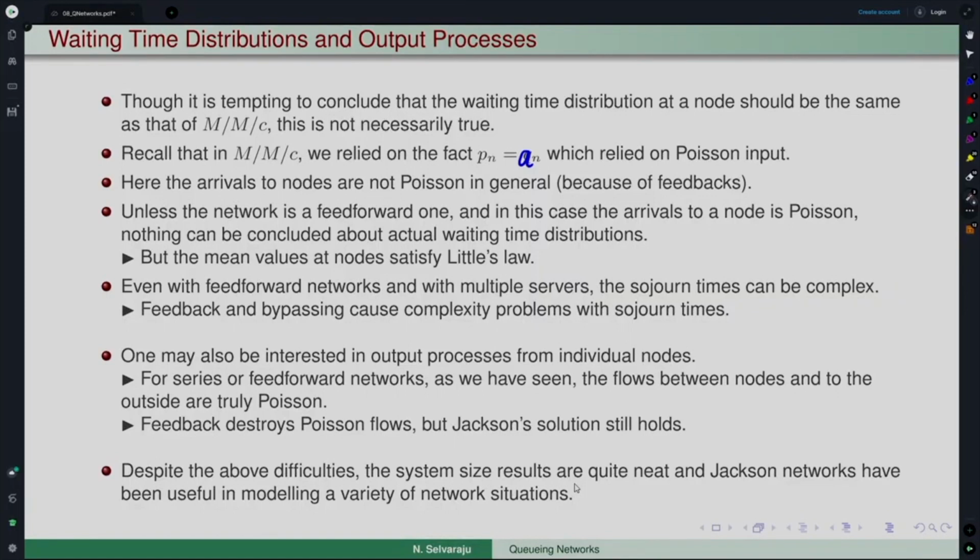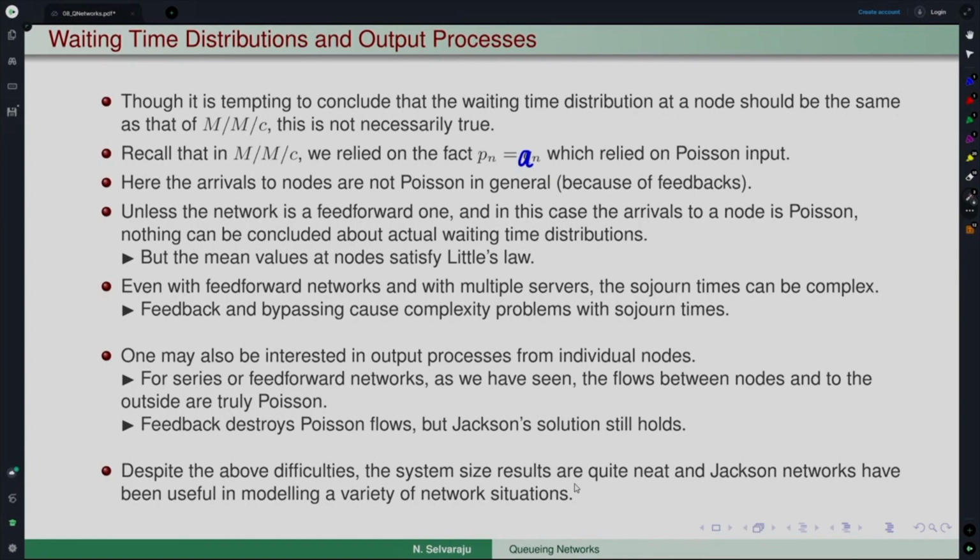Though you have a network, if it satisfies certain properties, you can look at each node individually, get the corresponding quantities, and pull them together to get the system-wide or network-wide measures that you are looking for. In that sense, this is quite useful. Of course, we cannot do away with the Poisson and exponential assumptions in the case of the Jackson network.